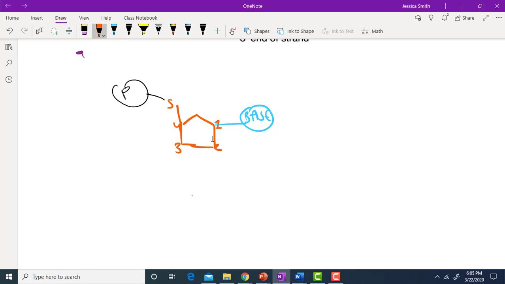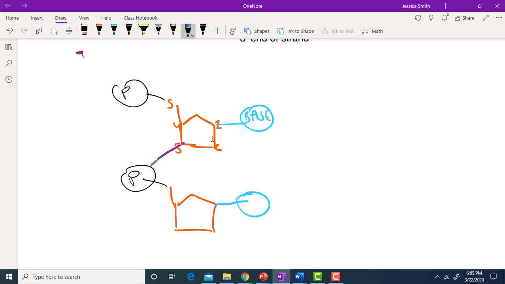Now you have another one of these that's coming in. So I'm going to draw a second one of these. Now what's going to happen is this phosphate is going to link up with this sugar here. So this forms a new bond.